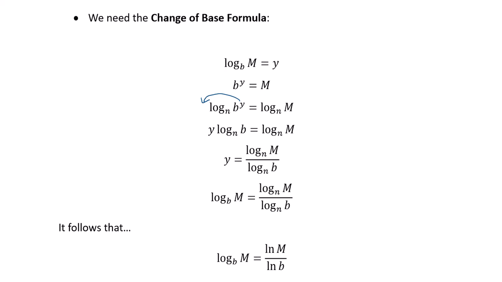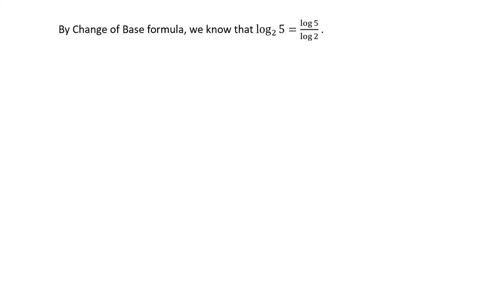It follows that the log base b of m is also equal to the natural log of m divided by the natural log of b. You can use any base in this formula. So by the change of base formula, we know that log base 2 of 5 is equal to the common log of 5 divided by the common log of 2.